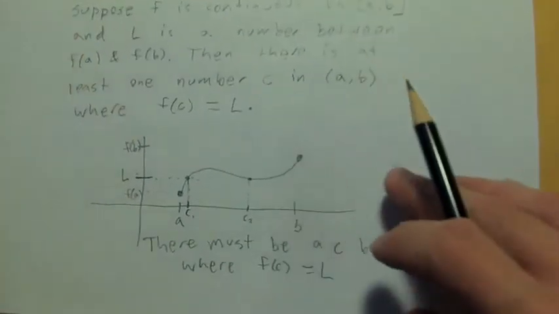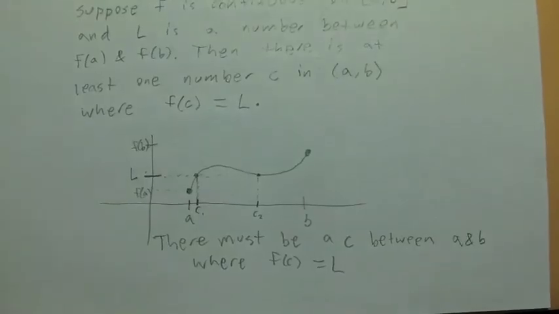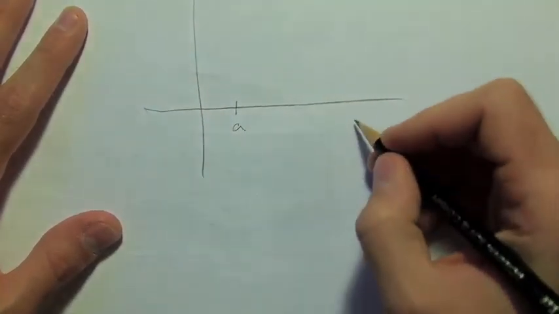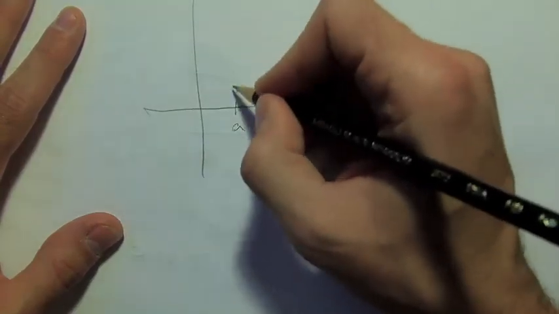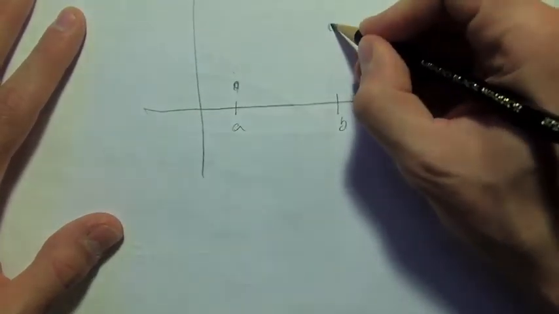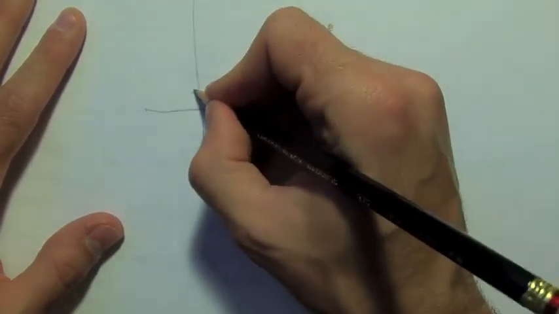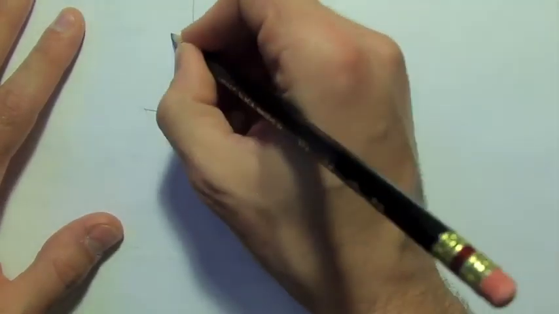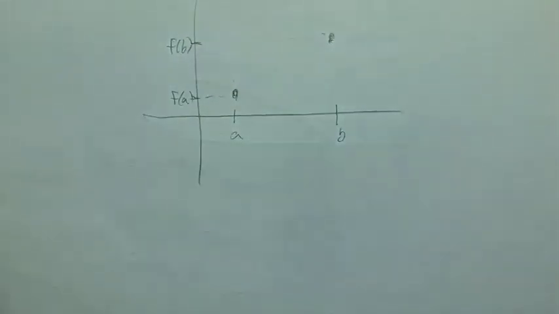Has to happen. Another way to actually talk about this, and this is the way I like, say the function's continuous, we have its starting point a, its ending point b, and we know it's continuous on this interval. And we know that this is f of a, and this is f of b. Now, it is impossible, right?